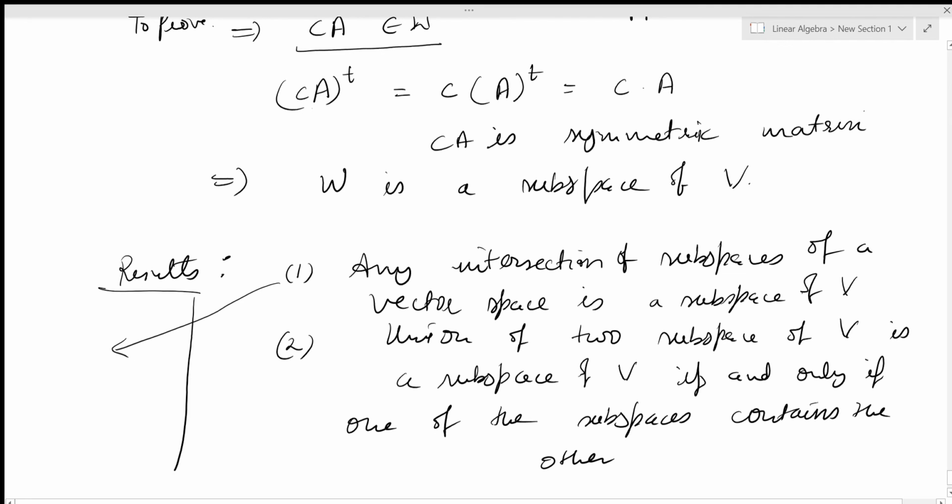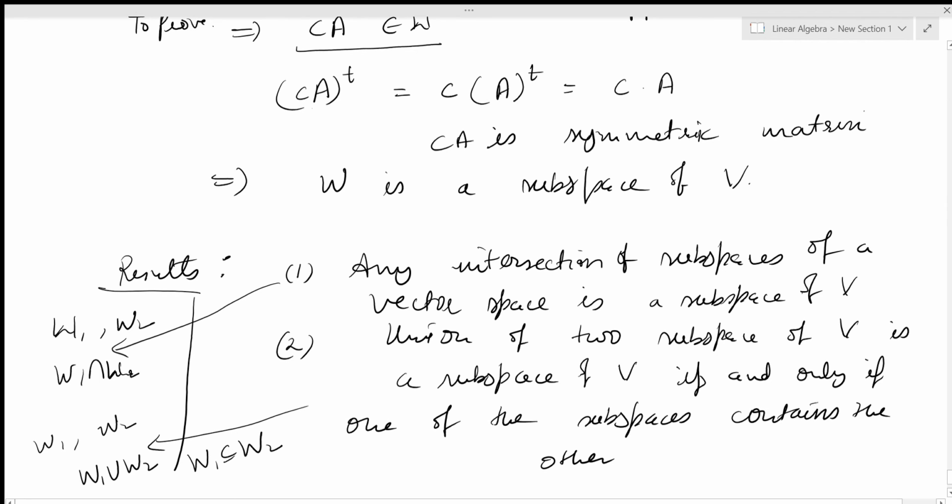An intersection means if W1 and W2 are subspaces of V, then their intersection is also a subspace. But in case of union, if W1 and W2 are subspaces of V, then their union is a subspace if and only if one is a subset of the other. So this is true if and only if this condition holds.